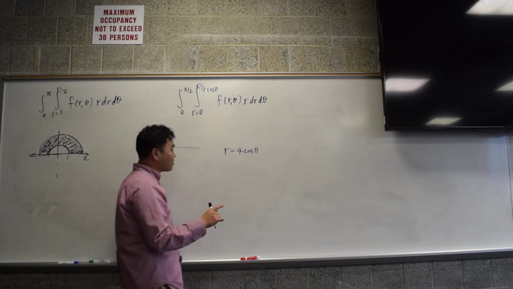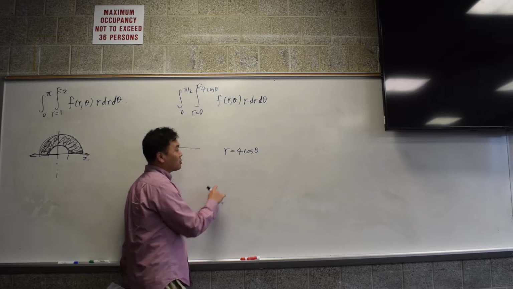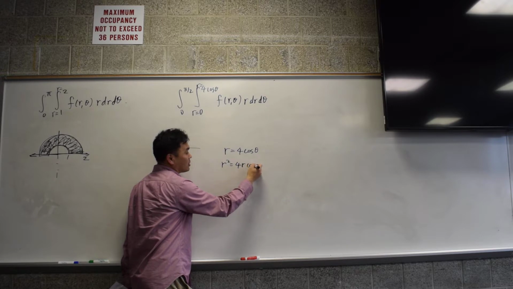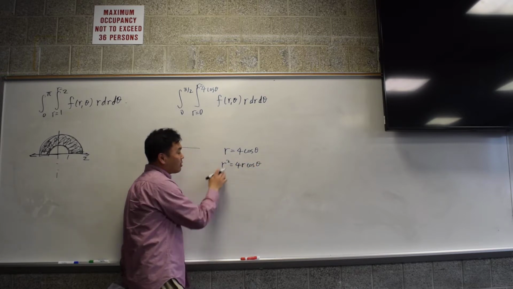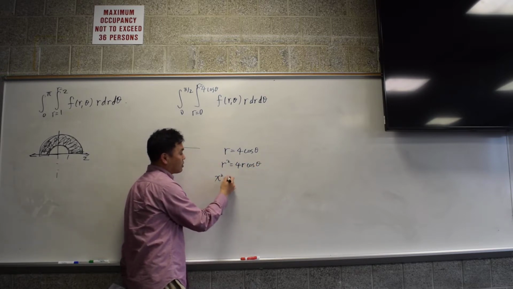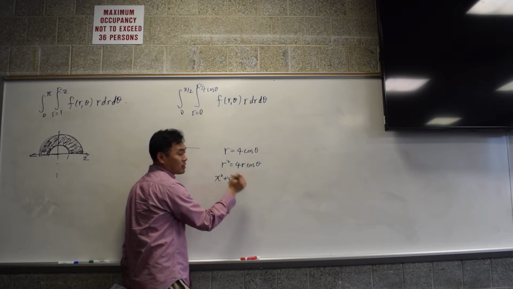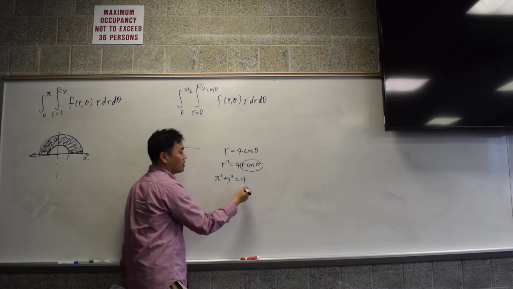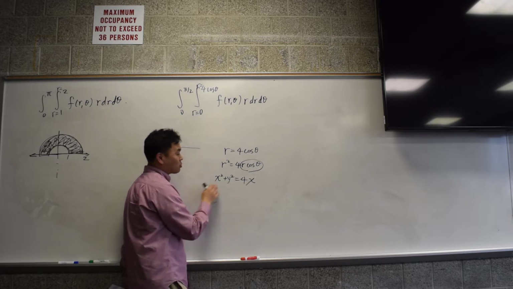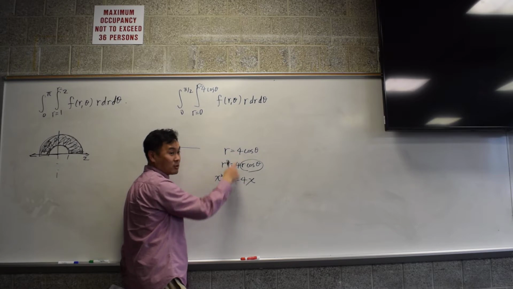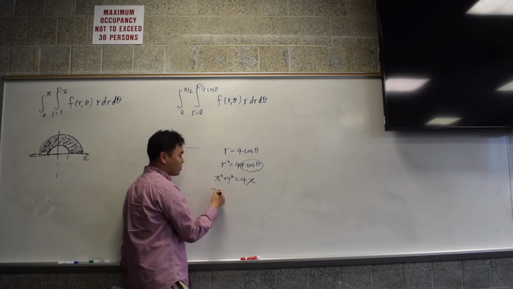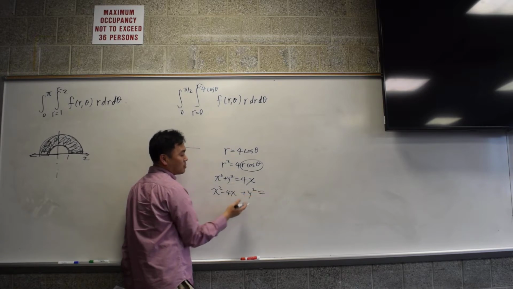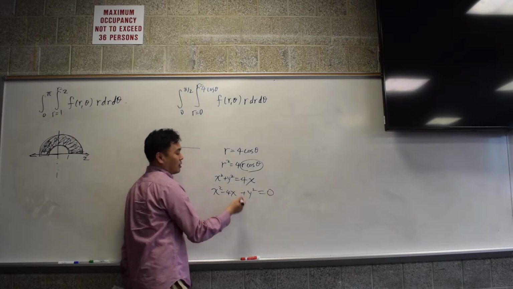If that doesn't satisfy you, here's another way to do it. Multiply r on both sides, and you get r squared equal to 4r cosine theta, right? And then r squared is x squared plus y squared, right? What's r cosine theta? x. So x squared plus y squared equal to 4x is the same as this one. And then you move the 4x to the other side and apply the trick of completing the square.